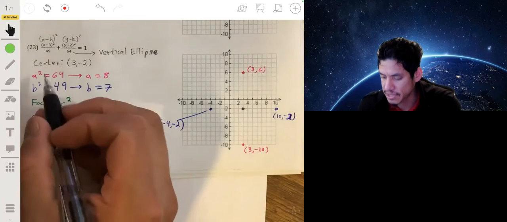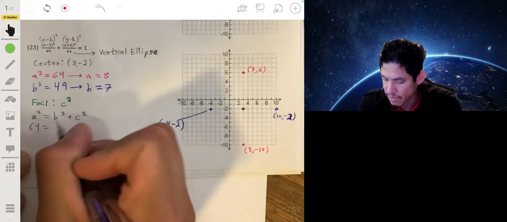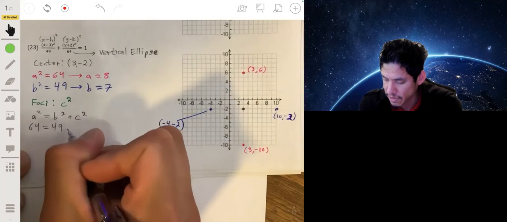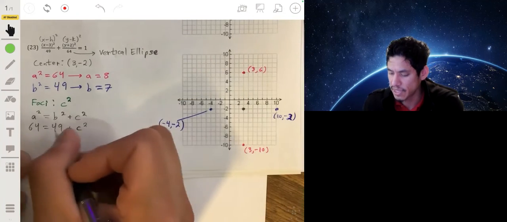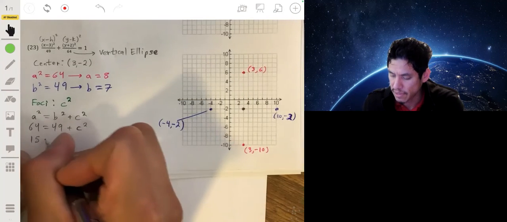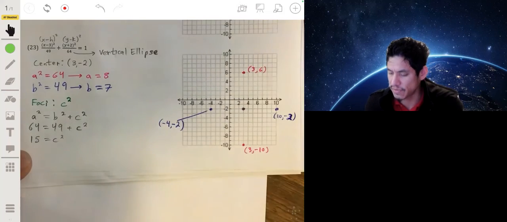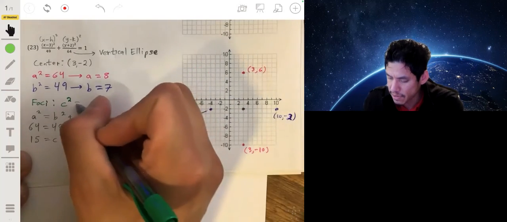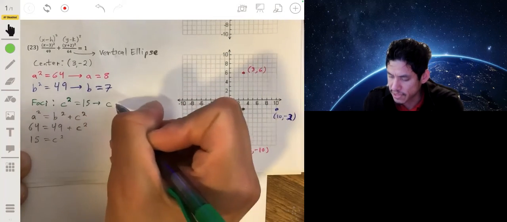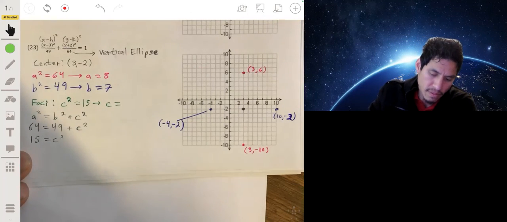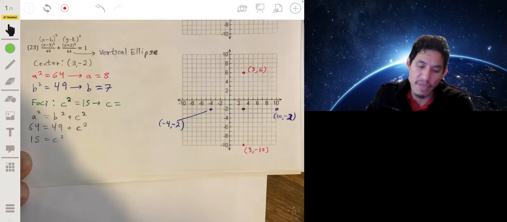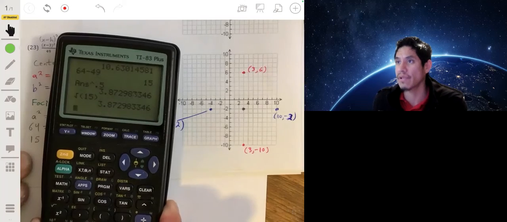So then a squared is 64, b squared is 49, so 64 is 49 plus c squared. Take away 49, c squared is 15, and then so c is the square root of 15, which would be about 3.87.